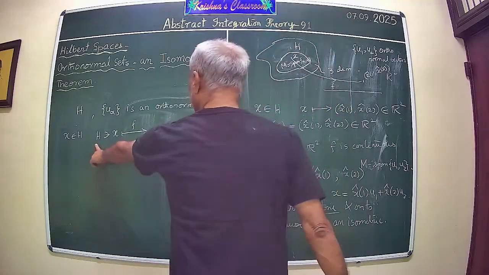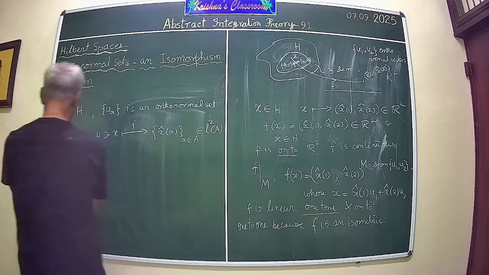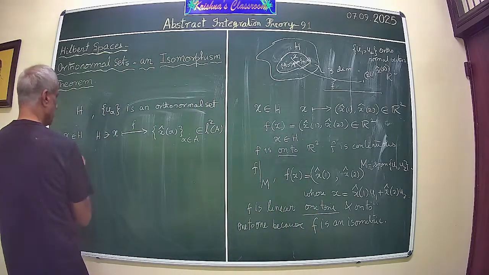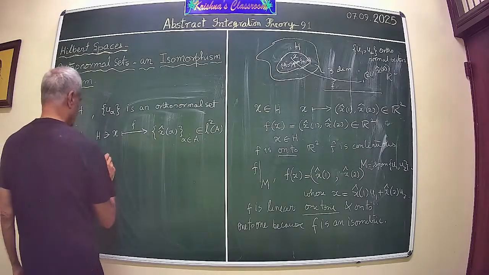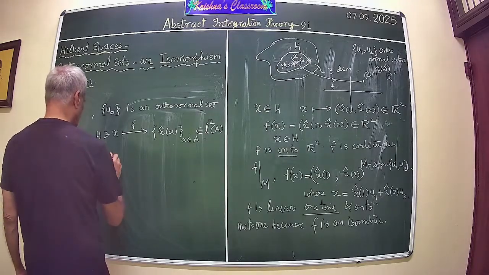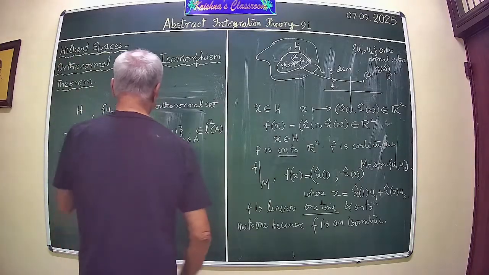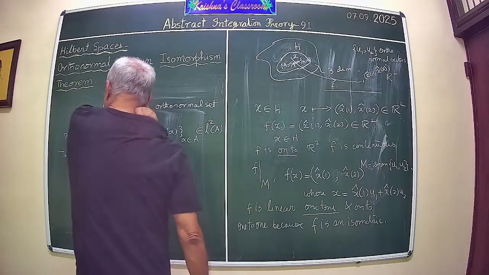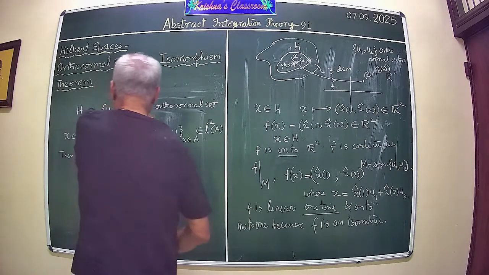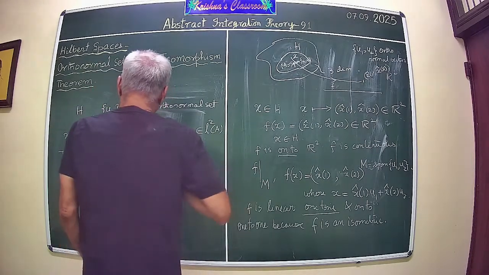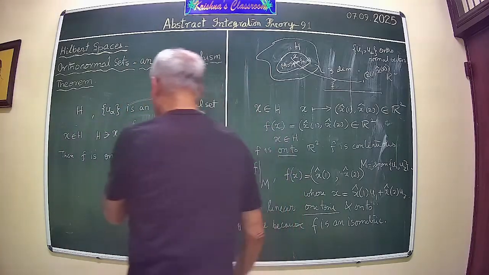So you are taking a map F from H to L2A. Then F is onto L2A. F may not be one-to-one.